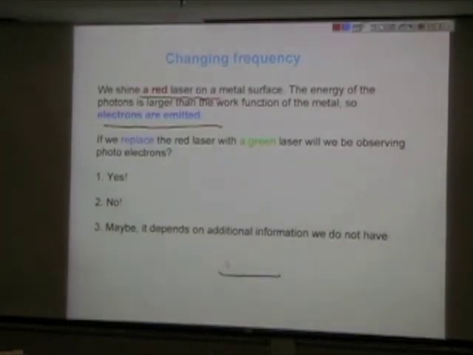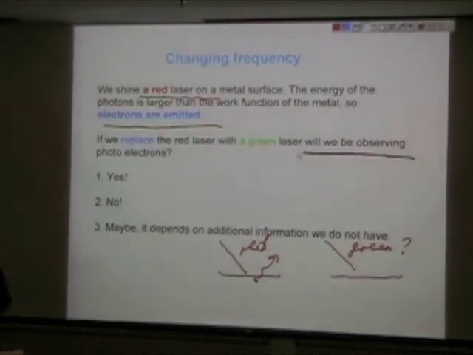Now, well, that's red, electrons getting ejected, red. Question is, if instead of a red one, we're going to be using a green one, are we observing photoelectrons in that situation? So if you think definitely yes, we can press 1. Definitely no, press 2. Well, it might depend on something else.